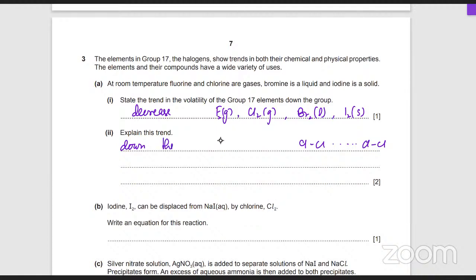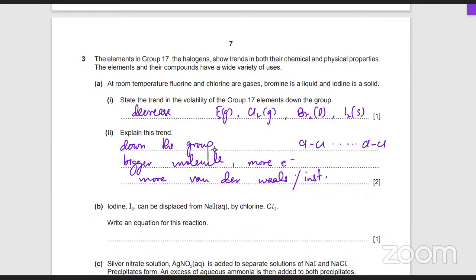Down the group, you have more electrons. Bigger molecule, you have more electrons. So you have more electrons, which is why you're going to have more van der Waals forces. और van der Waals के साथ हमेशा always just as a habit, right? Instantaneous dipole induced dipoles.